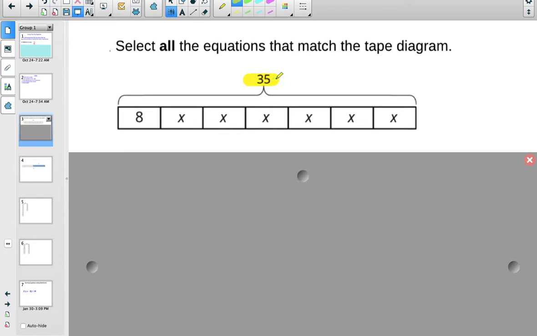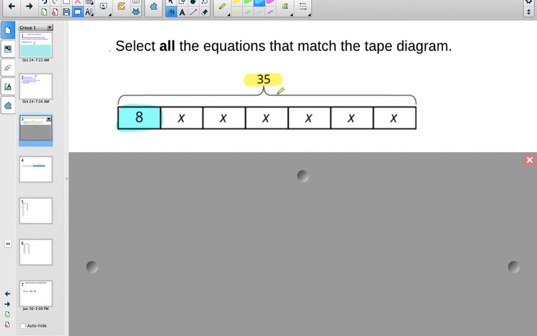This whole thing equals 35. 8 is what one of the boxes represents; this is considered a given. But we don't know how much each x is, because this is called our unknown. But we do know that each x is going to be equivalent to each other x. So if one x is 3, all of these would be 3, right?